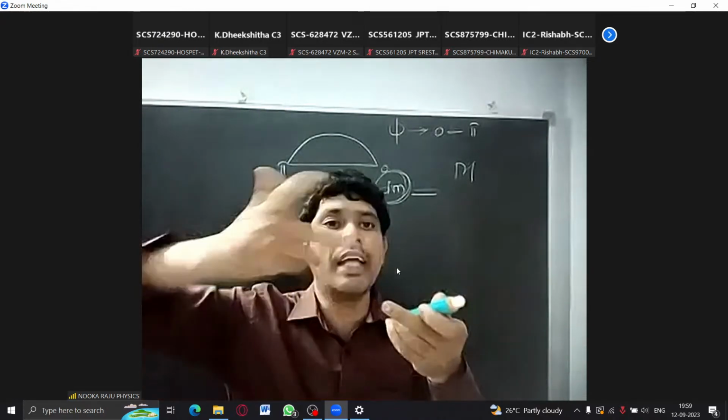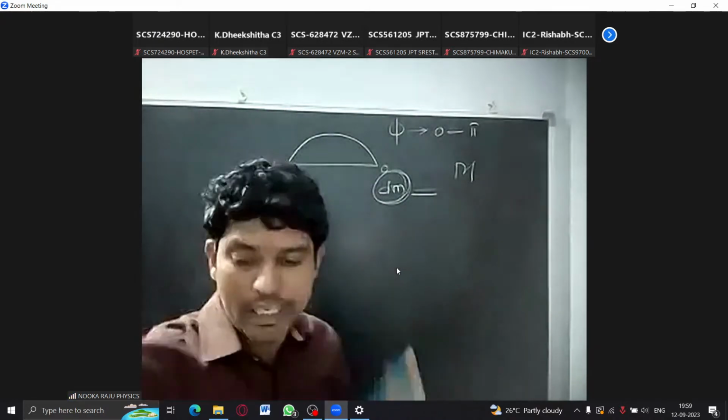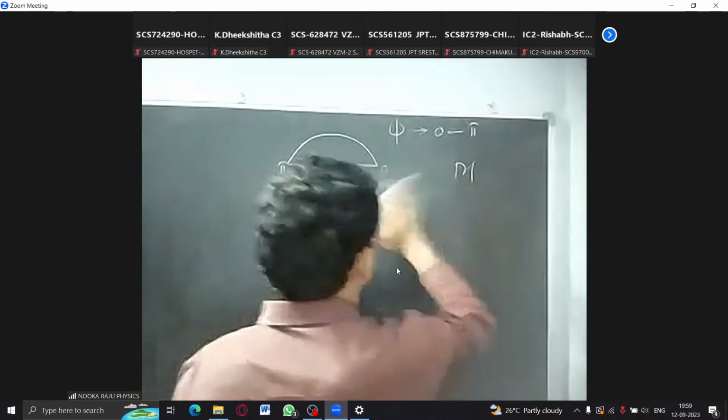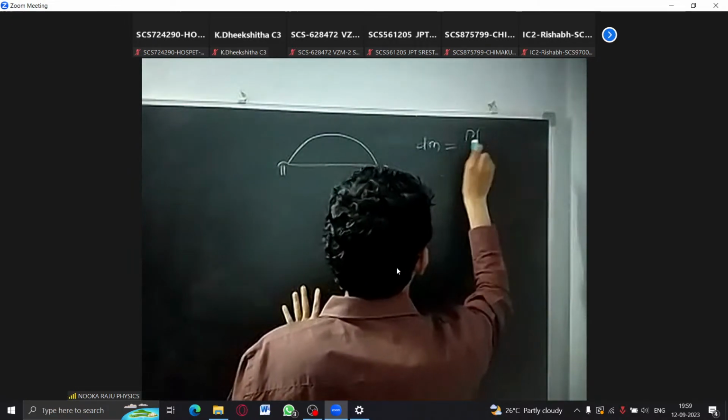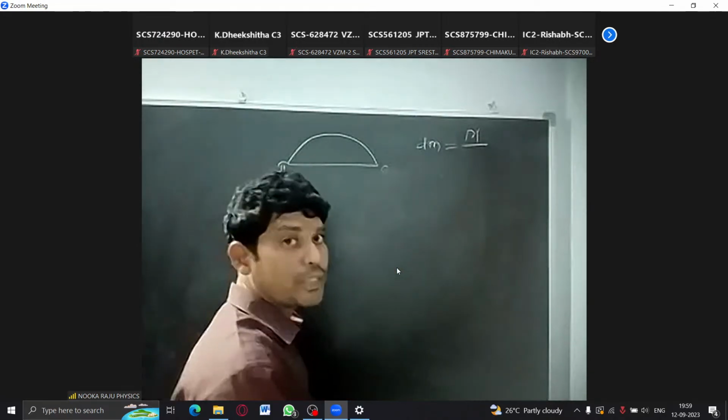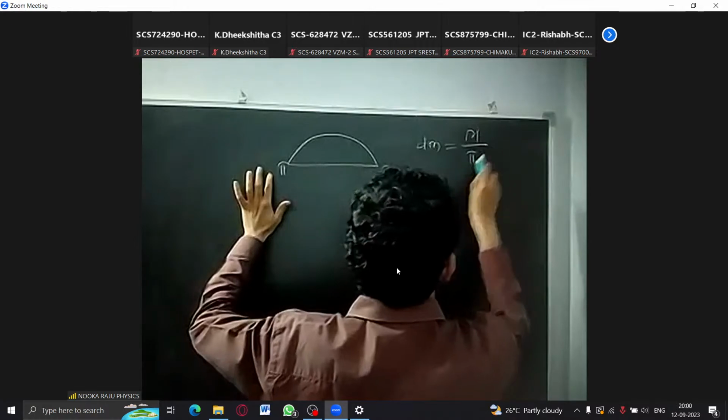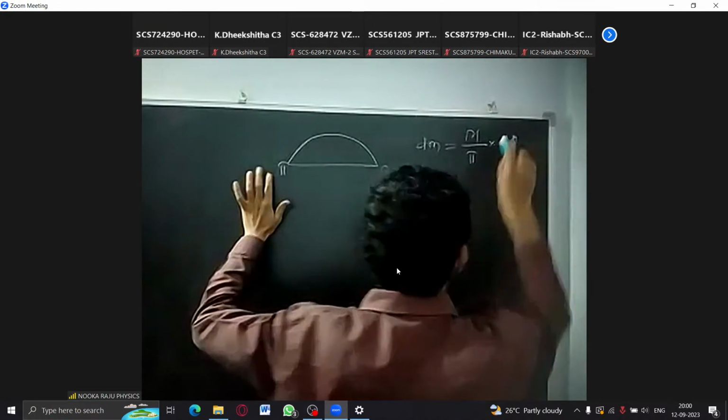For unit angle, dm is equal to the total mass of the body per unit angle, into the angle, d theta.